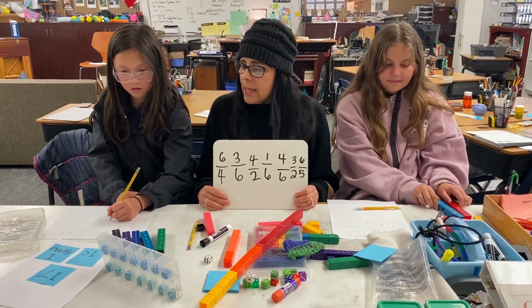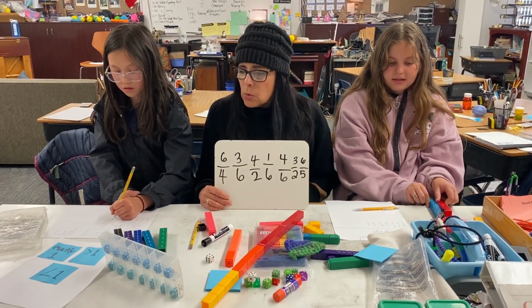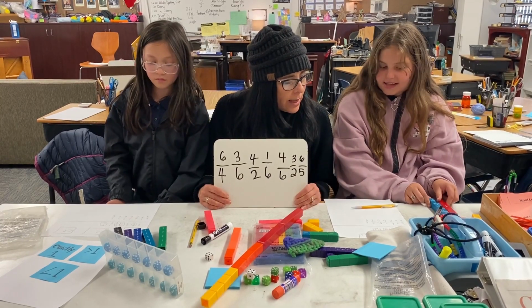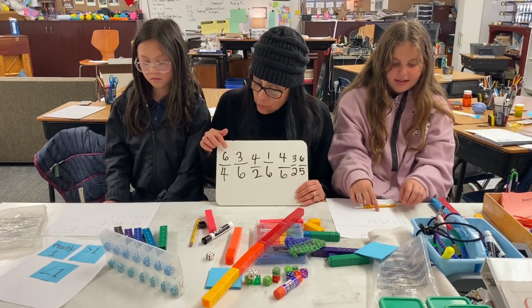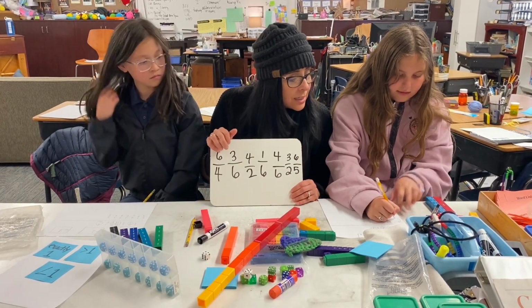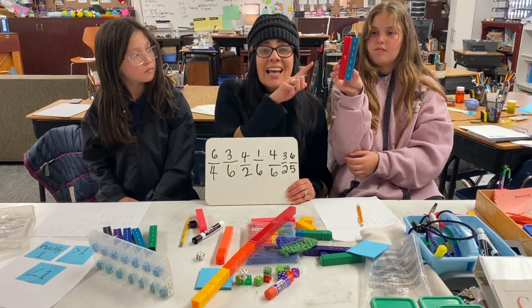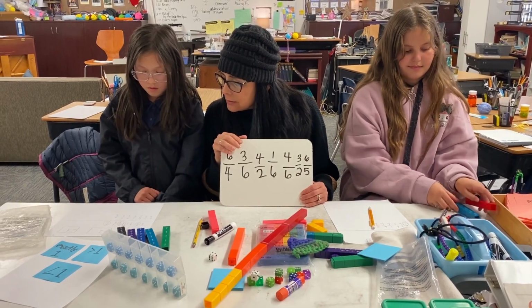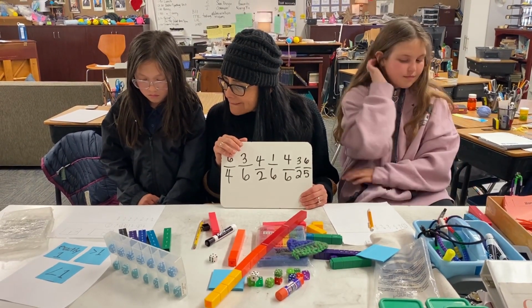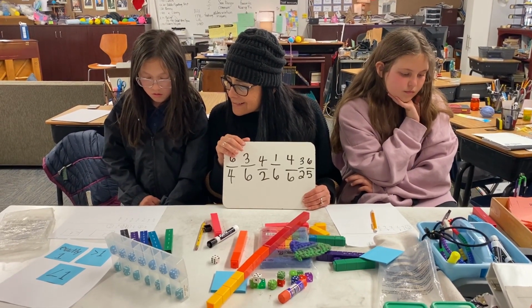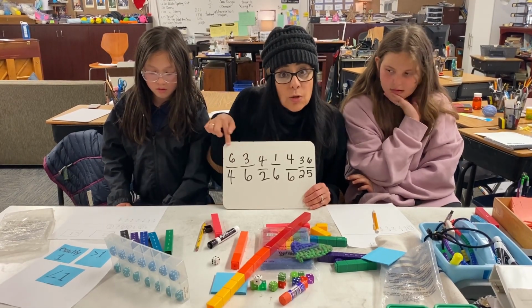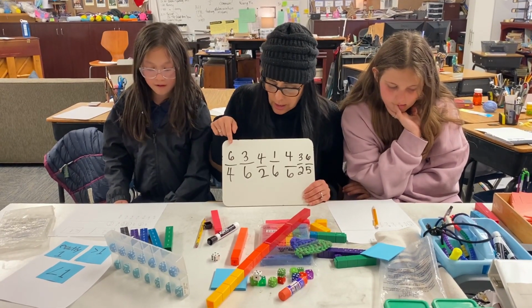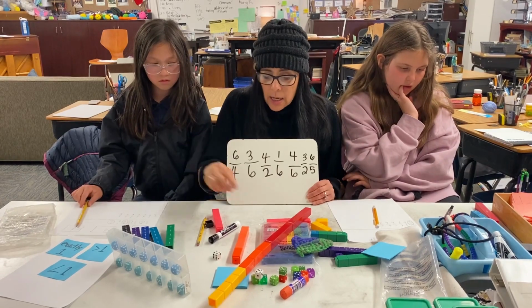All right, let's see. What can we do? Where should we start? 6/6. Do you see one? That's exactly 1. Can we show our friends what 6/6 looks like? It's exactly 1. Do you see one that is less than 1? 4 halves. Let's get 4 halves.